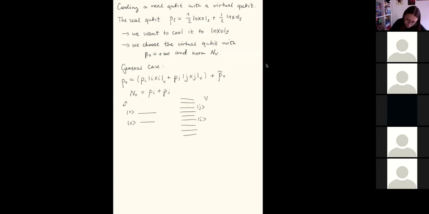Oh, this is too thick. Yeah, and then the swap operation is analogously when we exchange the |0j> and |1i> states. So this is S V, S V.